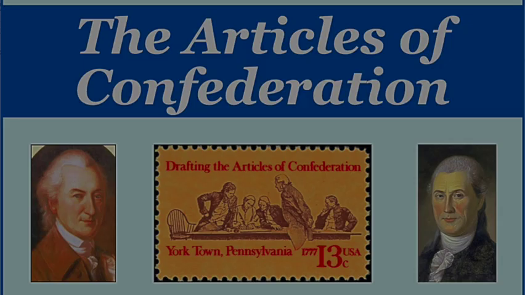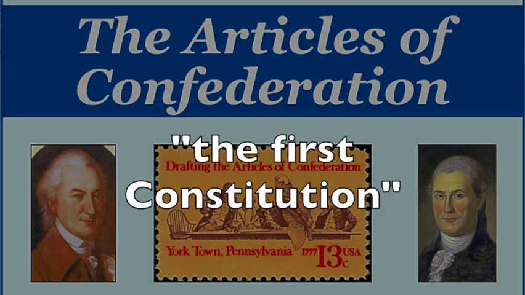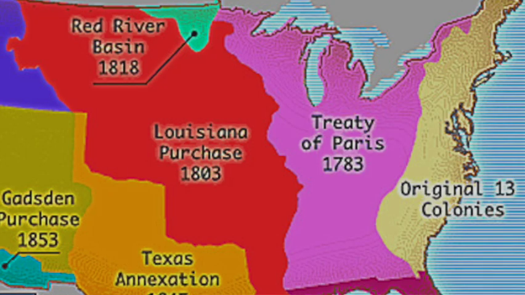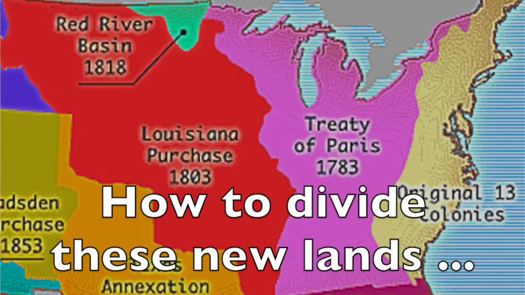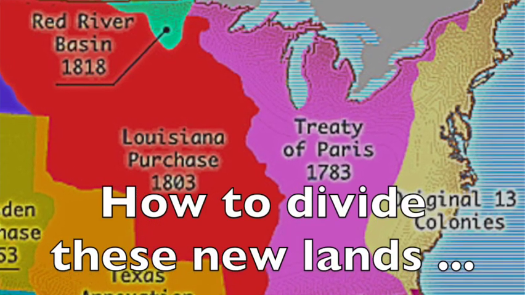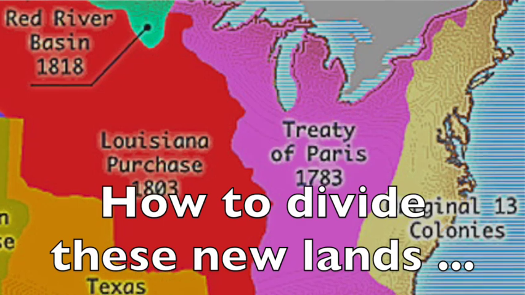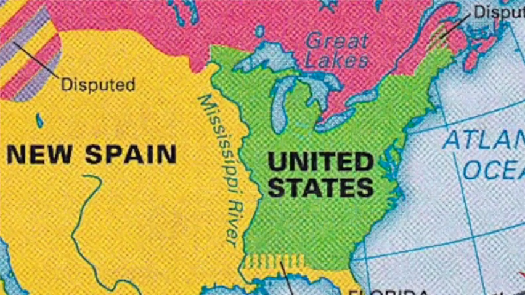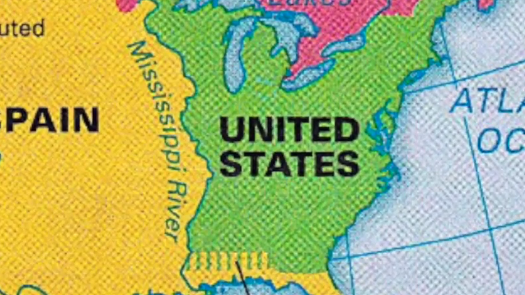Think of the Articles of Confederation as the first Constitution before the actual Constitution, which would not be ratified until 1789. One of the major challenges is how to divide the vast West lands the United States acquired after the Revolutionary War. These territories are rich with potential, but full of uncertainty.